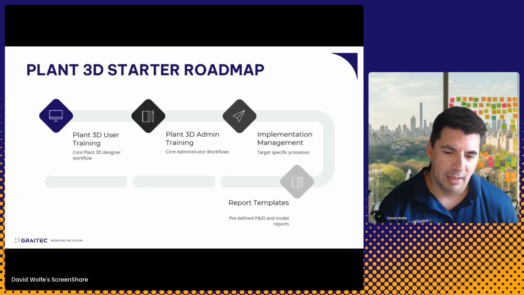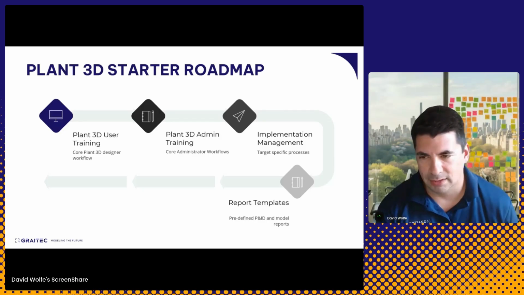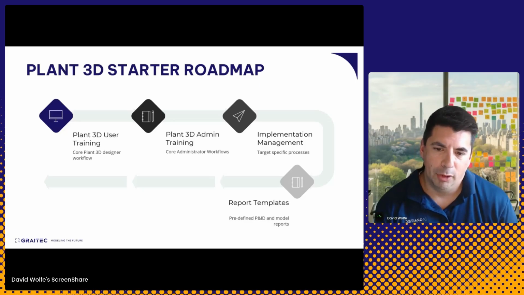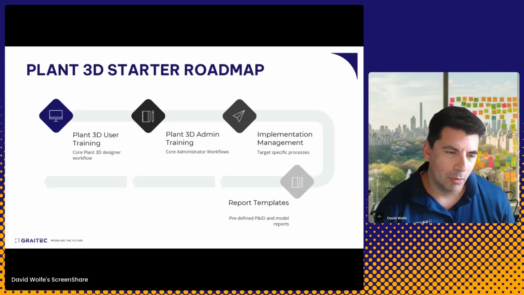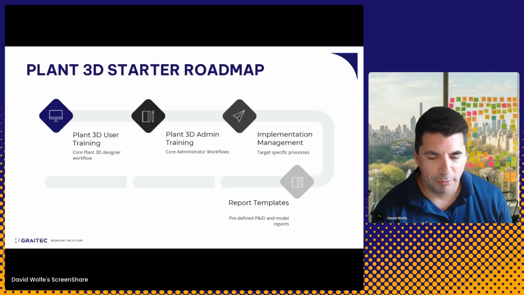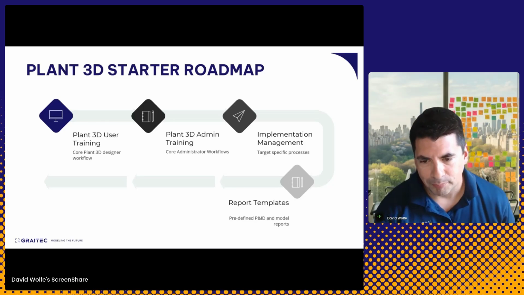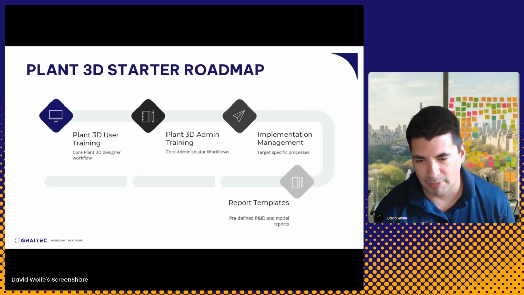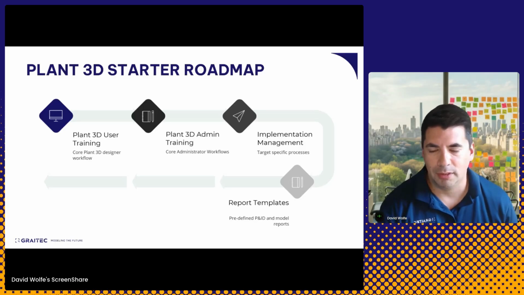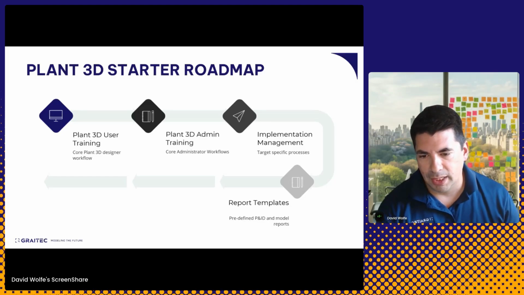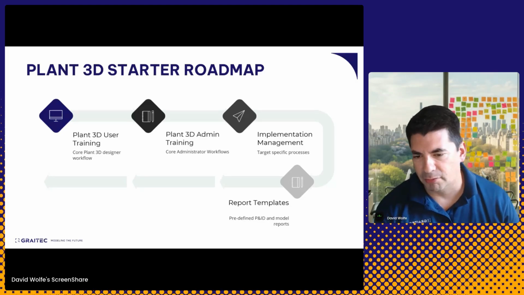So we have things like a line list that does some advanced things like showing your drawing to and from, showing equipment to and from. We also have an advanced bill of material so that I can group things by existing or by above ground or below ground. And we also have a structural bill of material and so on. Those are all things that we can get out of the report template bundles that we have available.